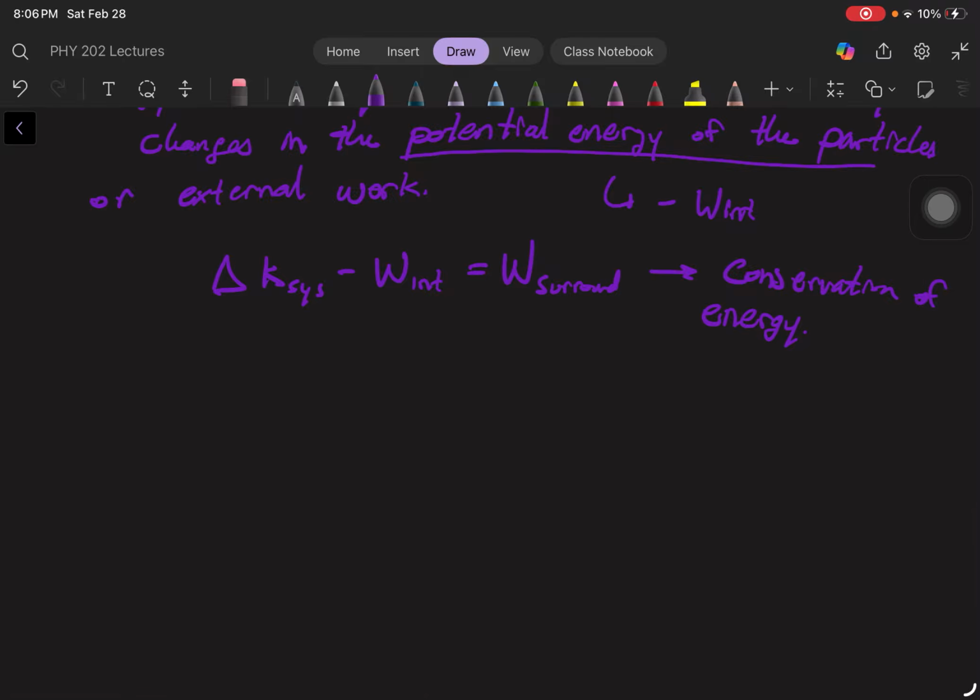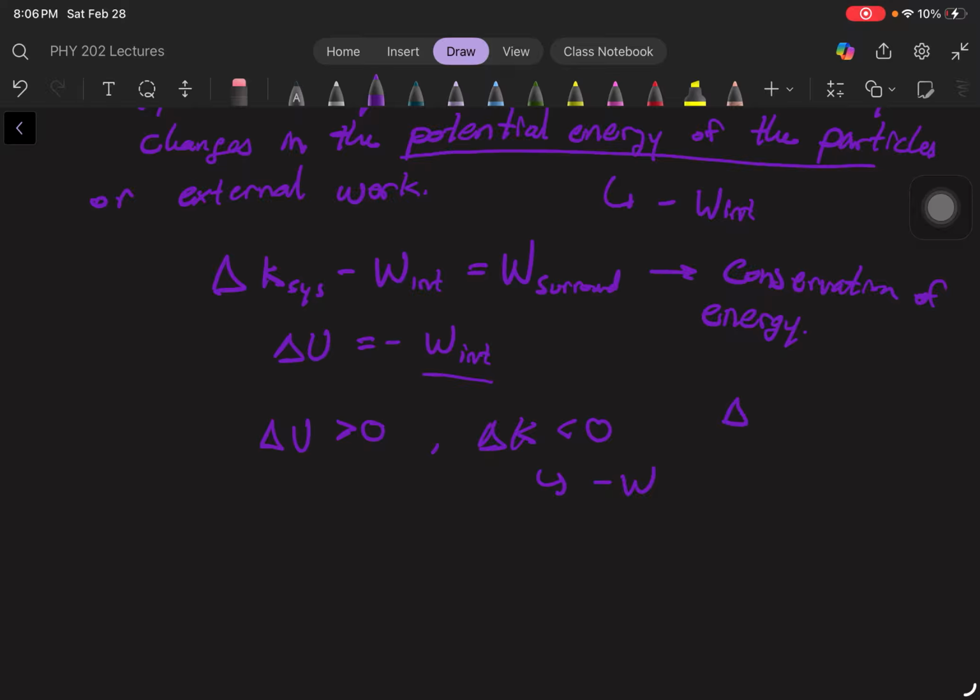And so then we also said that delta U is equal to the negative of the internal work, right? And so it would have to be the negative, because if we increase in potential energy, if that is greater than 0, then we typically need delta K to be less than 0, which implies negative work, right?